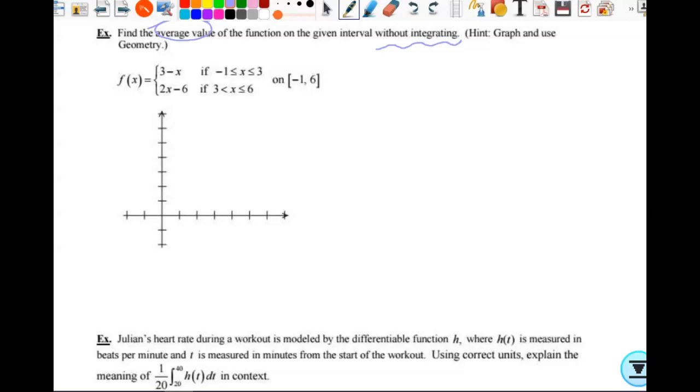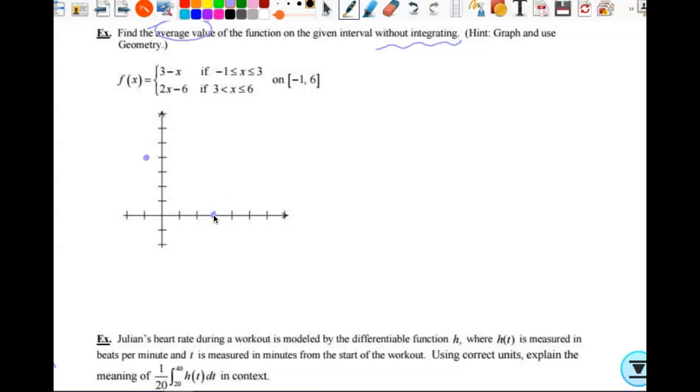So if I substitute in -1, 3 minus a -1 is what? 4. So at -1, I'm at 1, 2, 3, 4. I'm at 4, right about there. At 3, I'm where? 0. Okay.